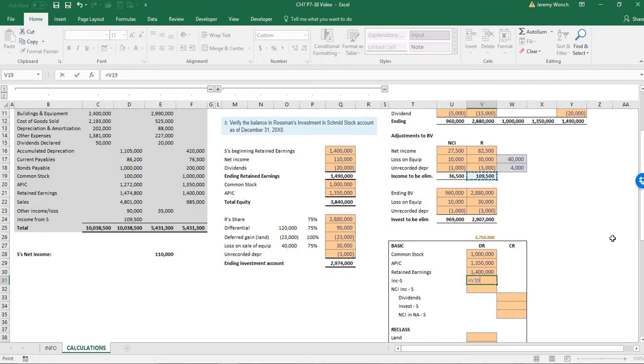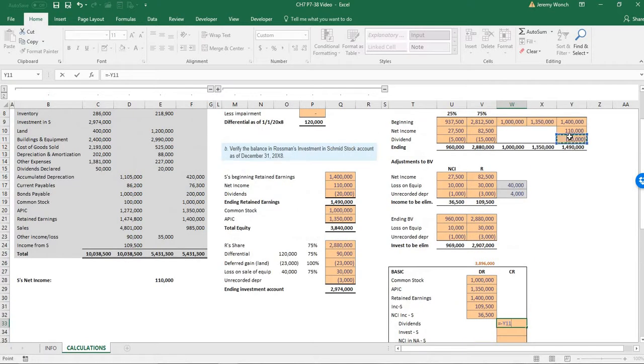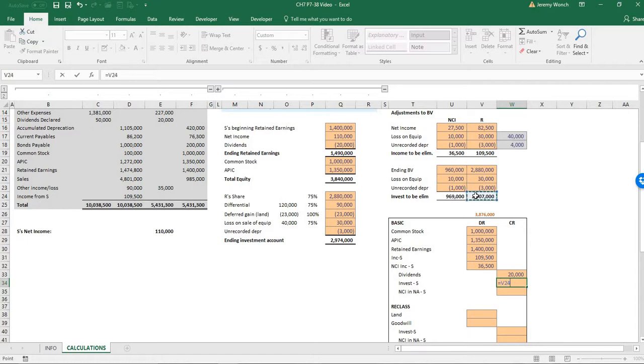So we're going to remove 109,500, and then same idea with the non-controlling interest. Now we want to remove the dividends, and then now we want to remove the investment accounts.